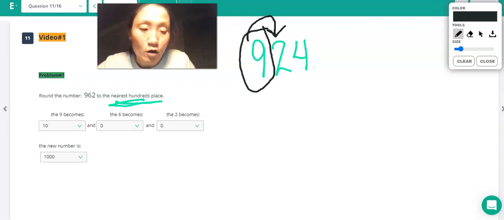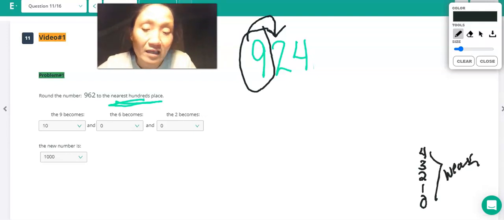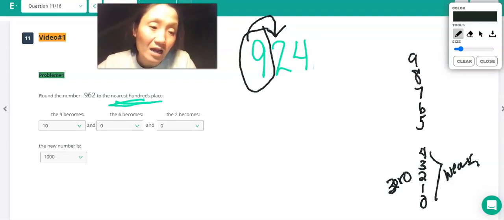Look at the neighbor. Remember, if it's 0, 1, 2, 3, or 4, they are weak. They don't do anything. They just become zeros. They can't help push. Weak people, weak things don't do anything. But if it's 5, 6, 7, 8, 9, they can help push.